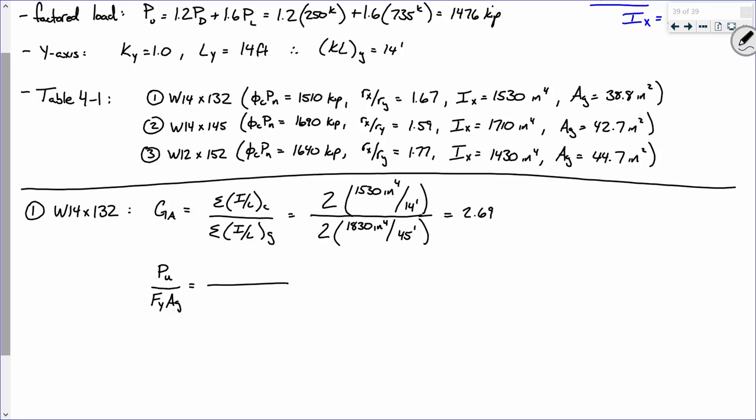So what's Pu for this column? Make sure everybody's paying attention. Divided by 50 ksi times what? See, now you're seeing why the area came into play, right?